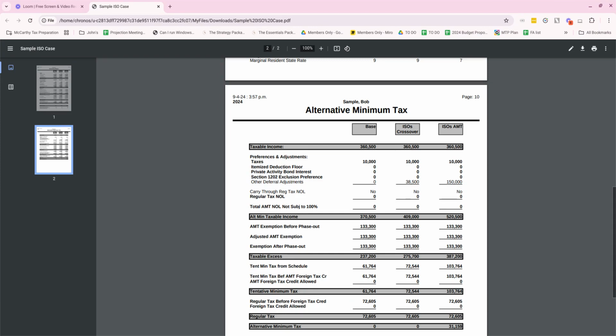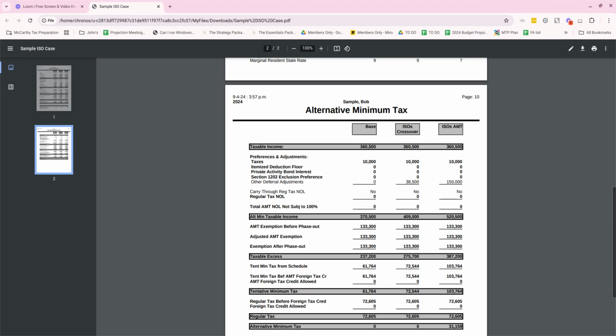Now, the next question is, what does that number mean? How do I plan around that? In this case, that $38,500 represents the amount of what we would call spread, which is the difference between the fair market value of the stock that you're exercising minus the exercise price.